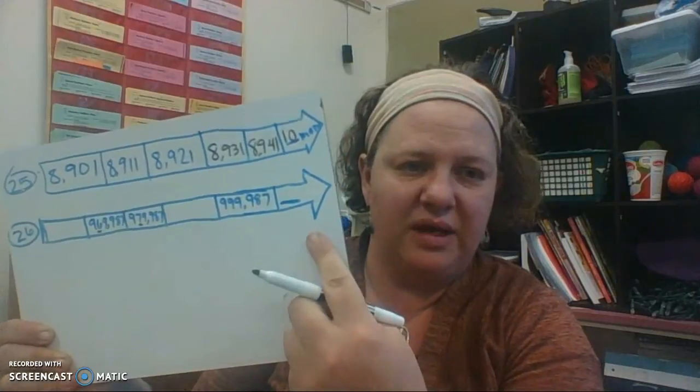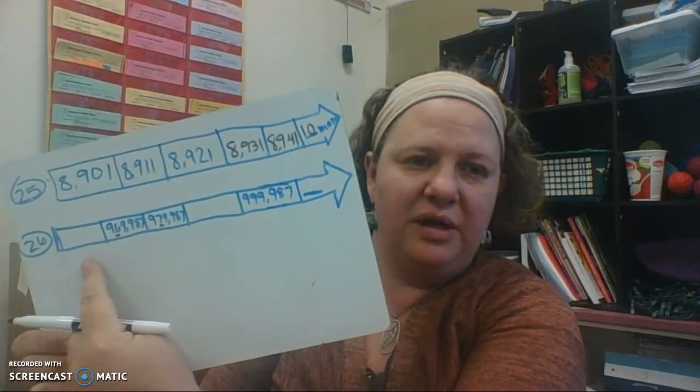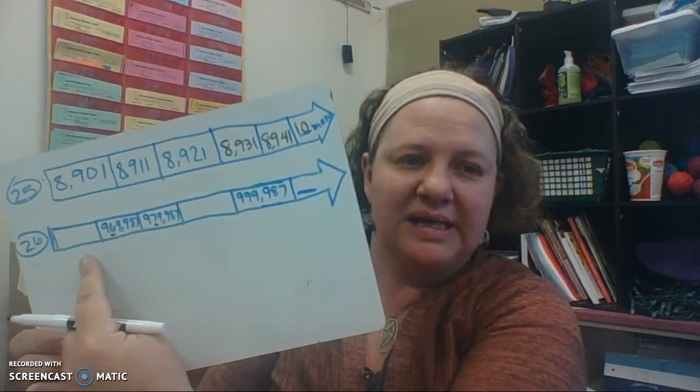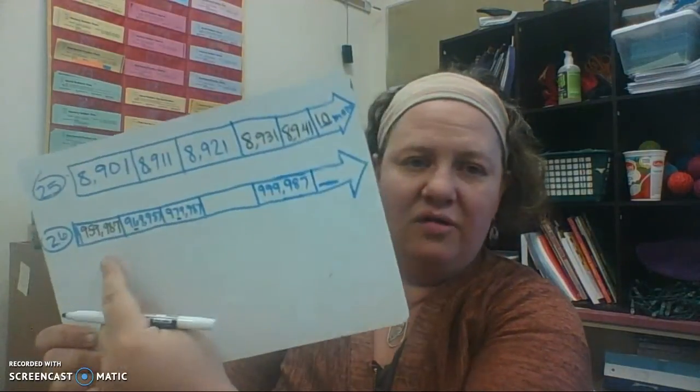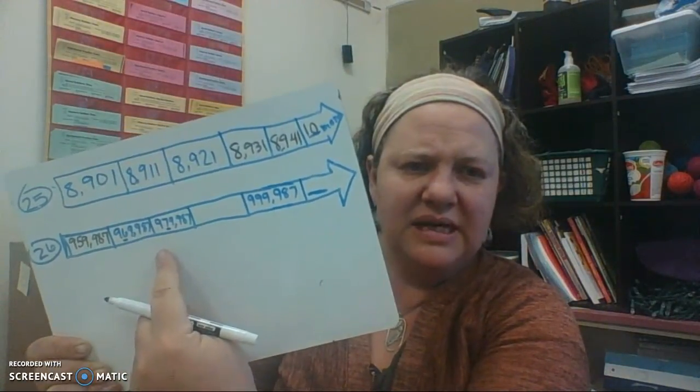So this one's going to be 10,000 less, right? So I'm going to put 959,987.